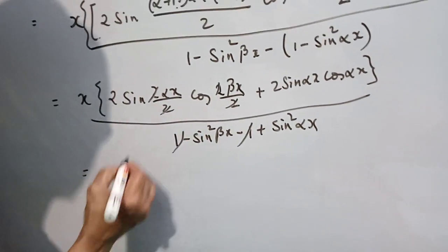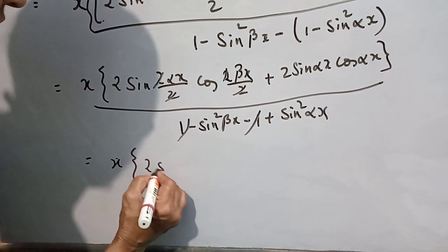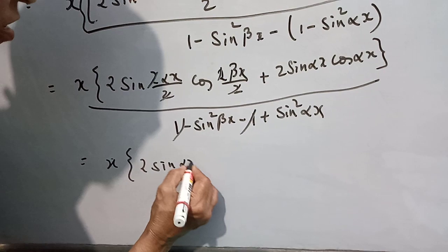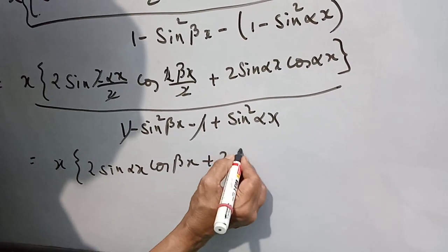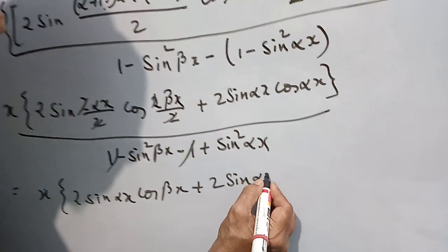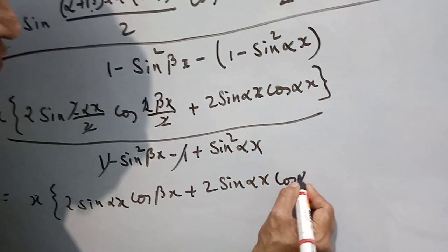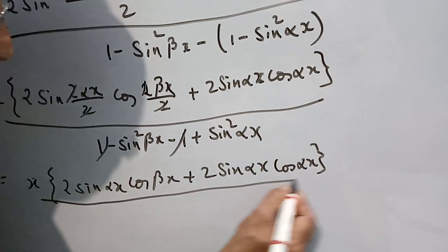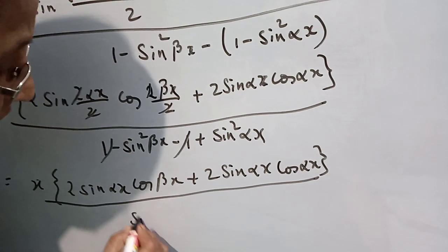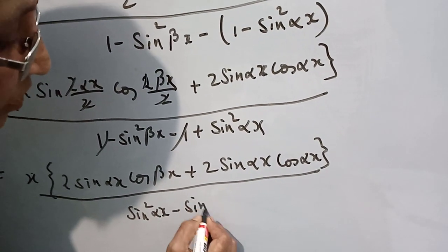So this is equal to x into 2 sin alpha x cos beta x plus 2 sin alpha x into cos alpha x divided by sin square alpha x minus sin square beta x.